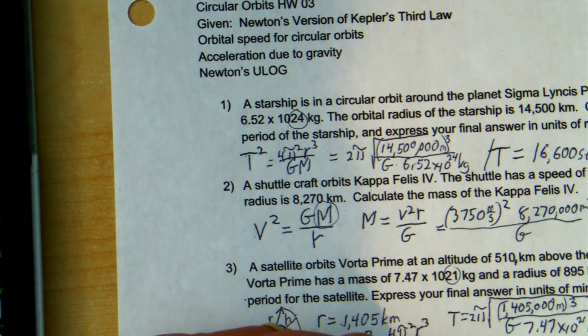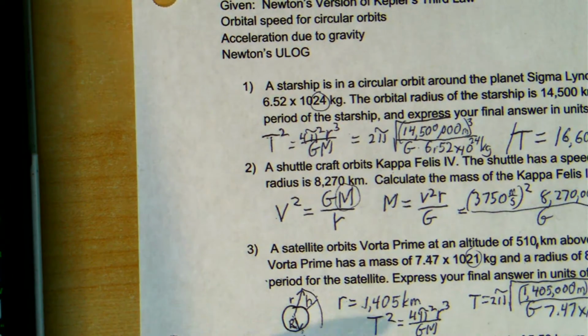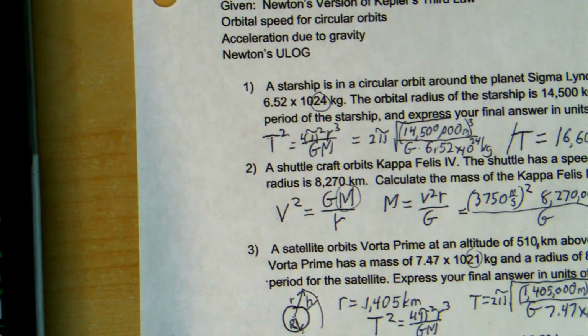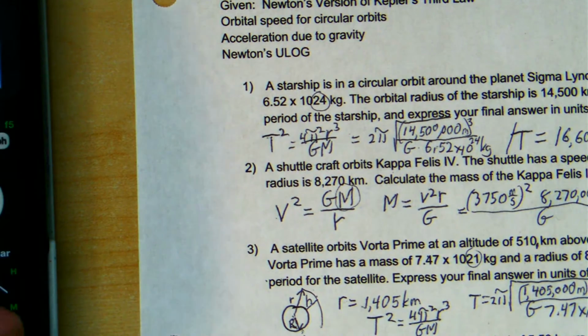So the radius is 518 kilometers. Now, if I subtract half the diameter from the radius, so I'm going to divide this by 1,000 to turn it into kilometers on my calculator.